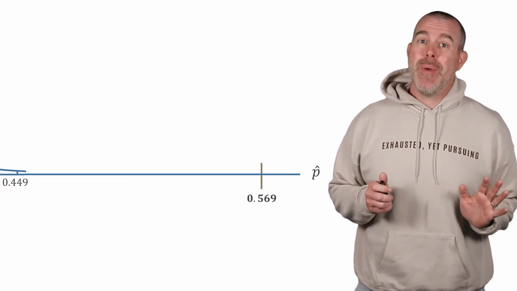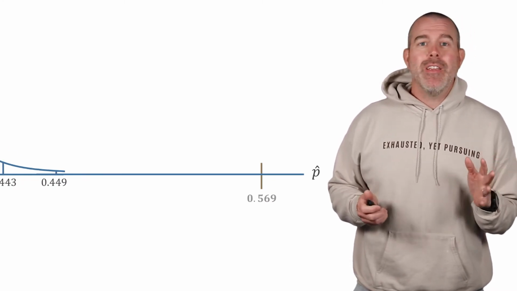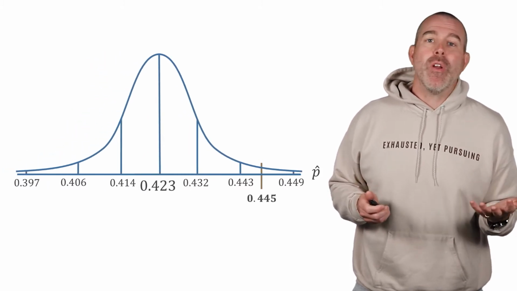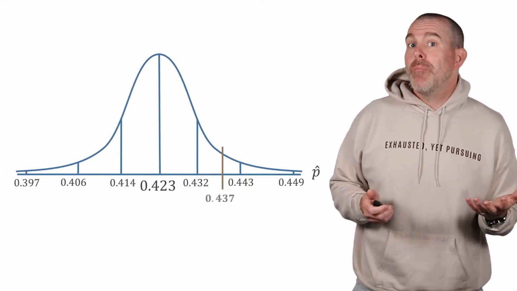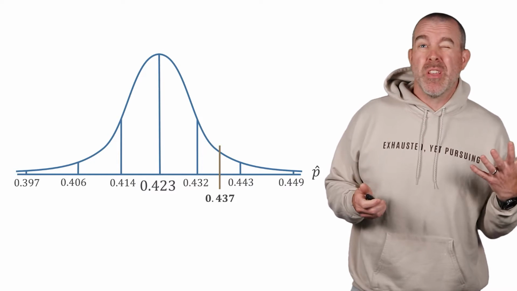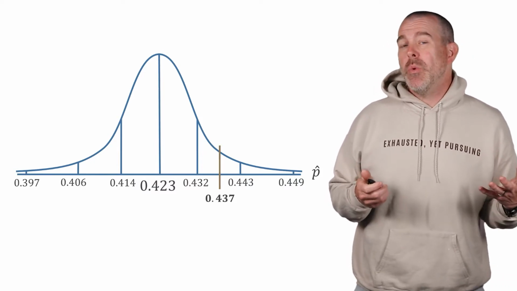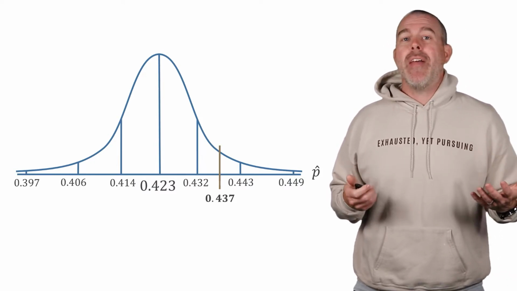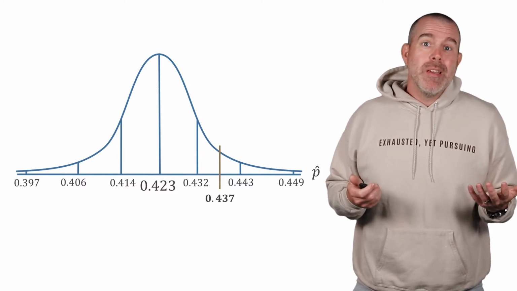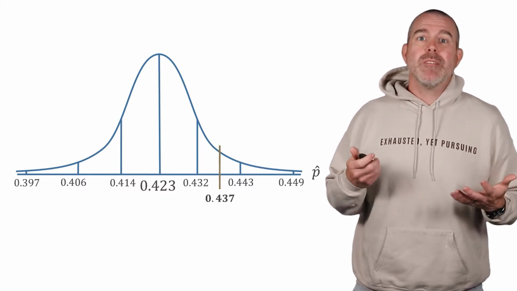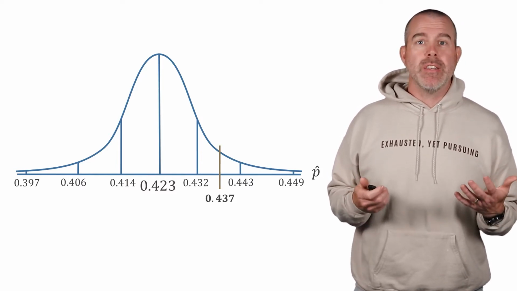So clearly we have something unusual, but what if it had only been like 44.5% or 44.4% or 43.7%? Would those have been unusual enough for us to say that the proportion appears to be higher? Well, we need some stronger criteria in order to make a decision.